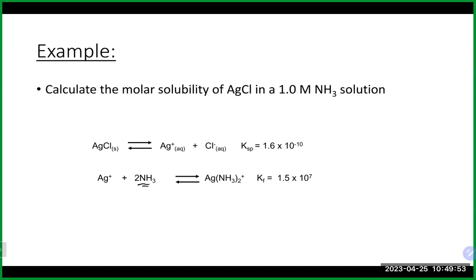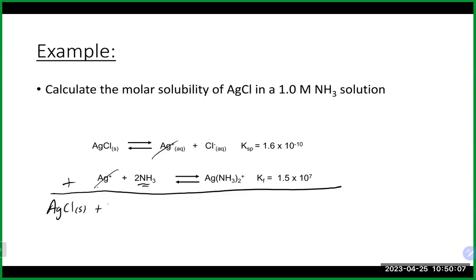If I add these reactions together, the silver is actually going to cancel out, and I will be left with silver chloride plus some ammonia will make this complex ion where the silver gets attached to the ammonia, and some chloride.